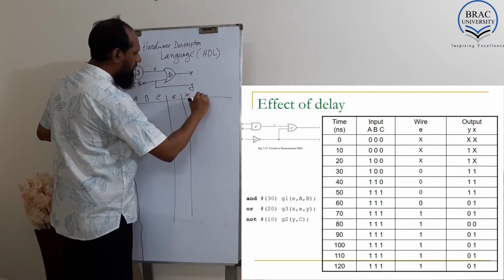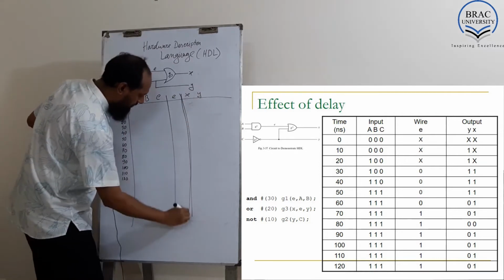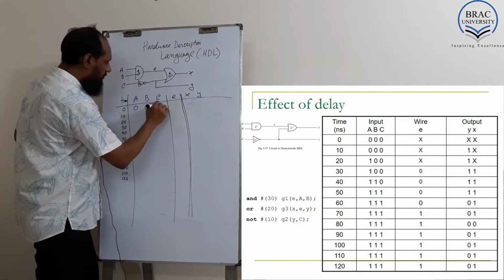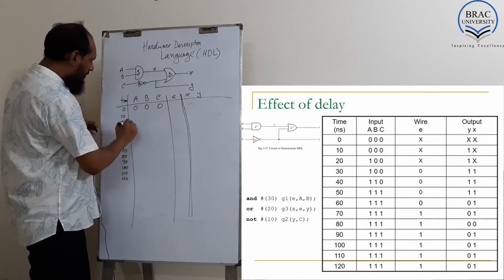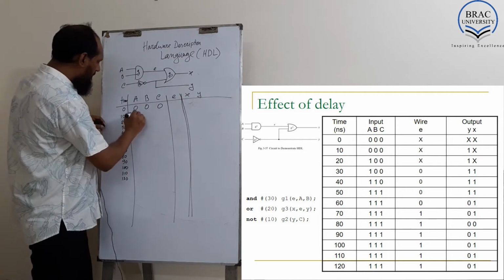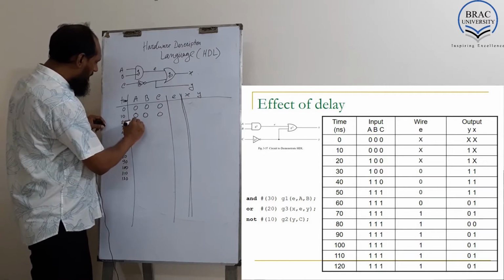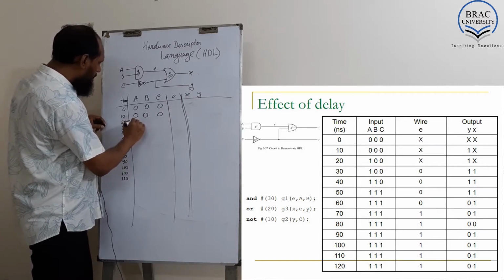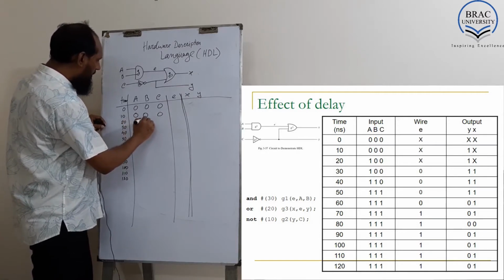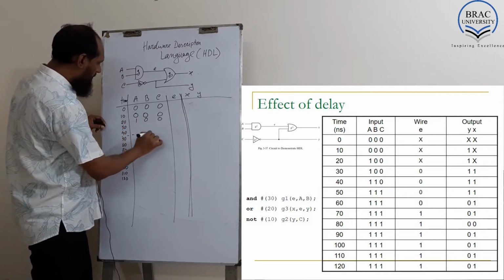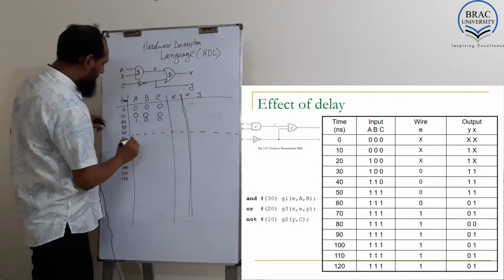Then X and Y. Suppose our input was 0, 0, 0 and on 20 nanosecond, A was changed into 1, but B and C remained the same. I am giving just a dot so that I don't make a mistake.